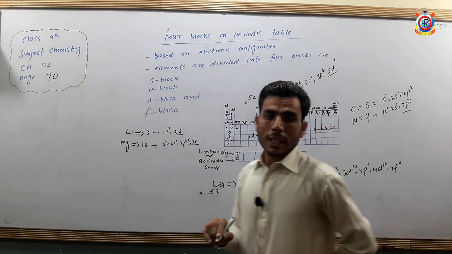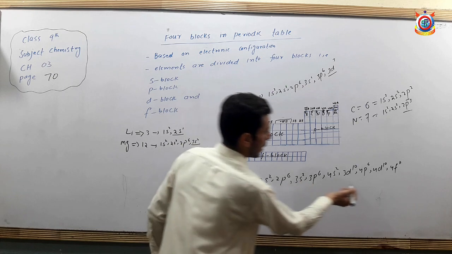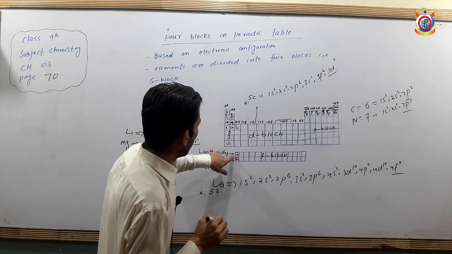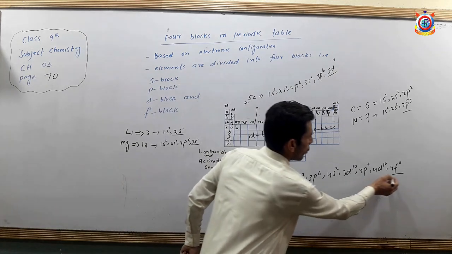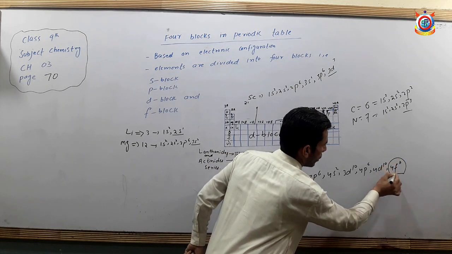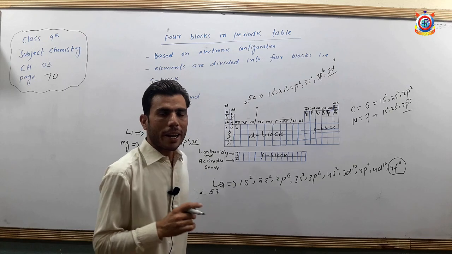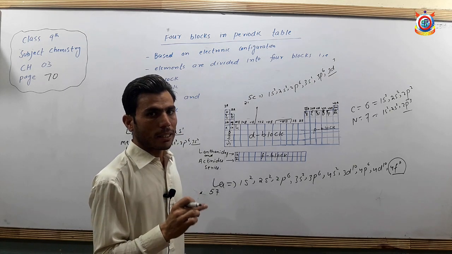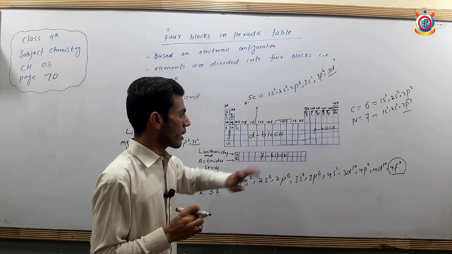So you see that in the electronic configuration, the last electron of this series enters into the F subshell. Those elements whose last electron enters into the F subshell are called F block elements.